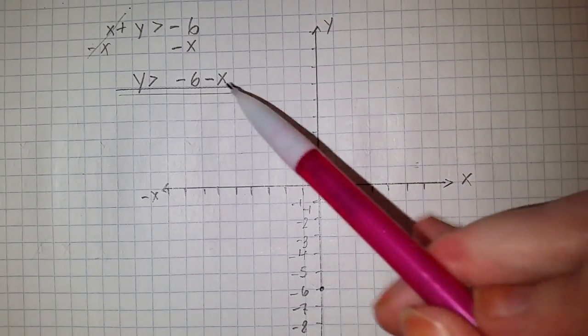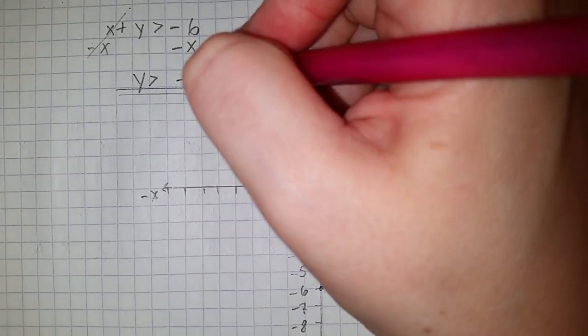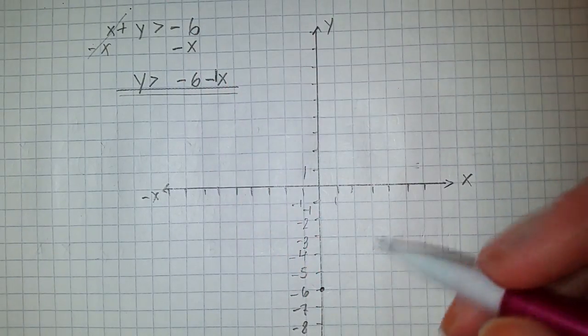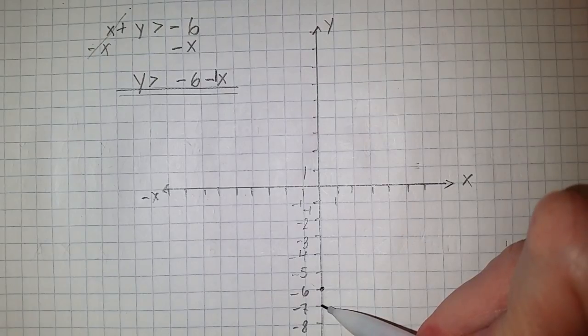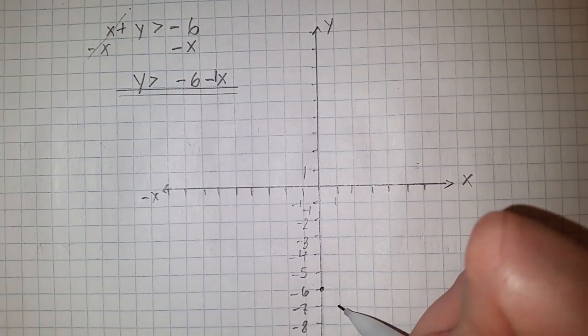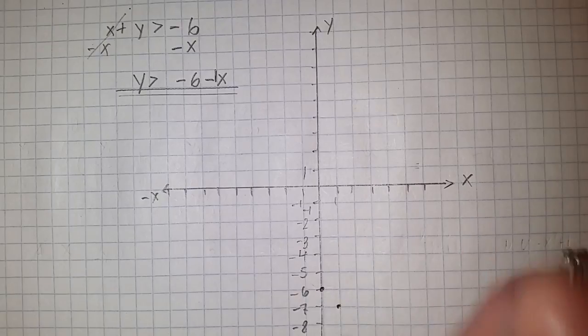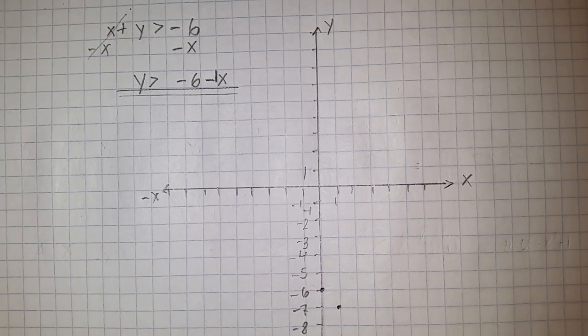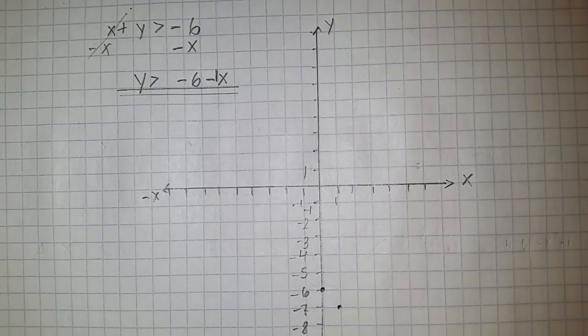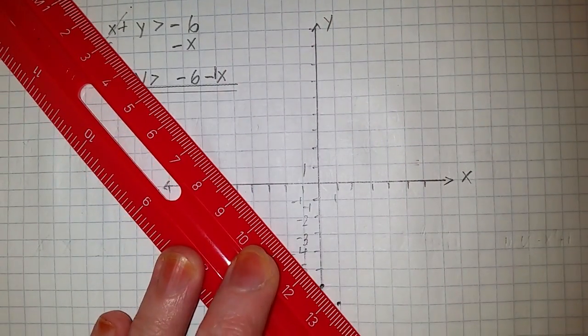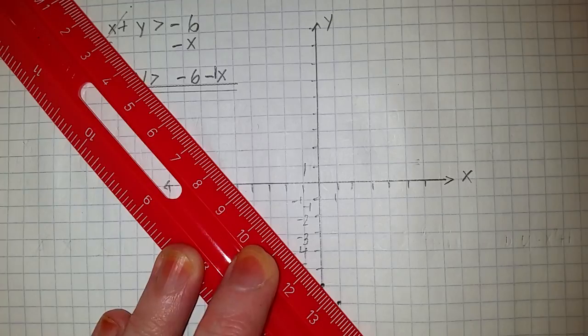Then my slope is the number in front of x, which right now is -1. So that tells me I need to start at this intercept, go down one step because it's negative, and go 1 to the right. Now I have my second point, and in order to graph a line, you usually need at least 2 points. You can always make more, but 2 points will be sufficient.